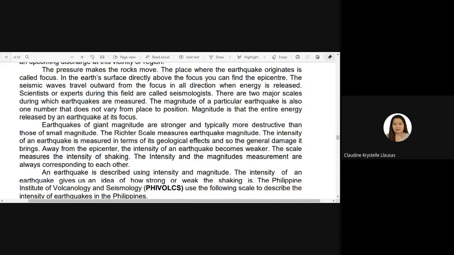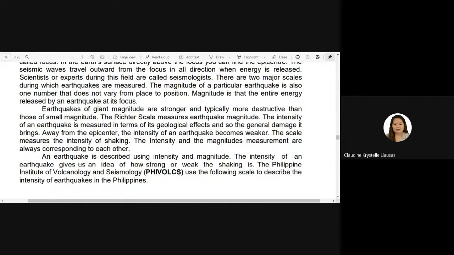That is why kung naibalita, mayon sila nga 6.8, 9.2 magnitude na linog, people will be alarmed because that means it's more destructive. Okay? The Richter scale measures earthquake magnitude. Okay? Na siya sa DOST sa PHIVOLCS.